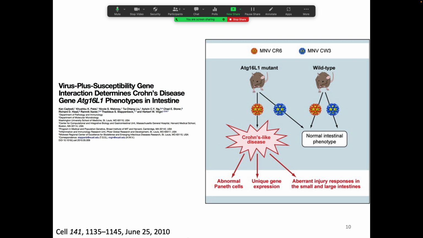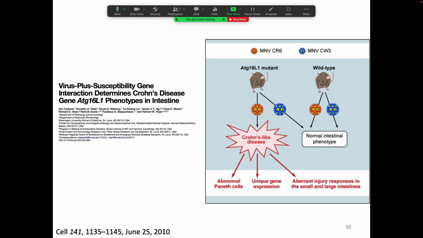But this is particularly looking at some Crohn's disease cases, where what was noticed is individuals had to have a particular gene mutation in this gene, ATG16L1, and had to get infected with a particular virus.